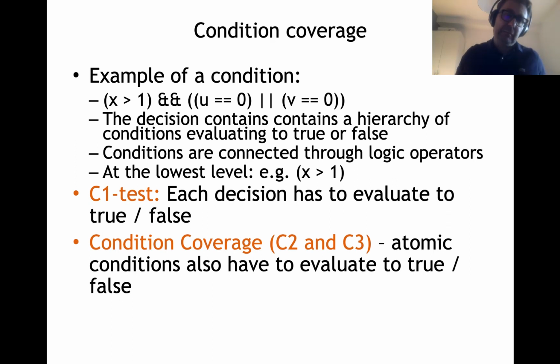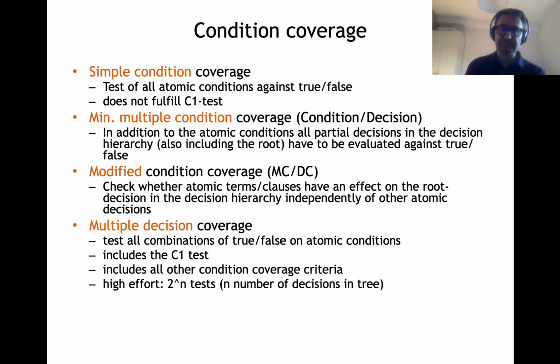C1 test decision coverage is just that the whole thing, the decision itself, has to evaluate true and false. But as we saw before, that doesn't cover all the combinations here. So then there are stronger forms of condition coverage called C2 and C3. And there we also go in and look at the atomic conditions in different ways.